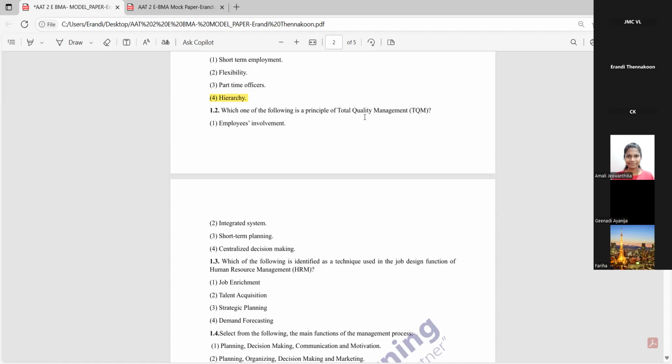They highly appreciate employee involvement and two-way communication, and decision making based on facts. So these are the principles of total quality management. So what is the answer for 1.2 here? What is the answer?